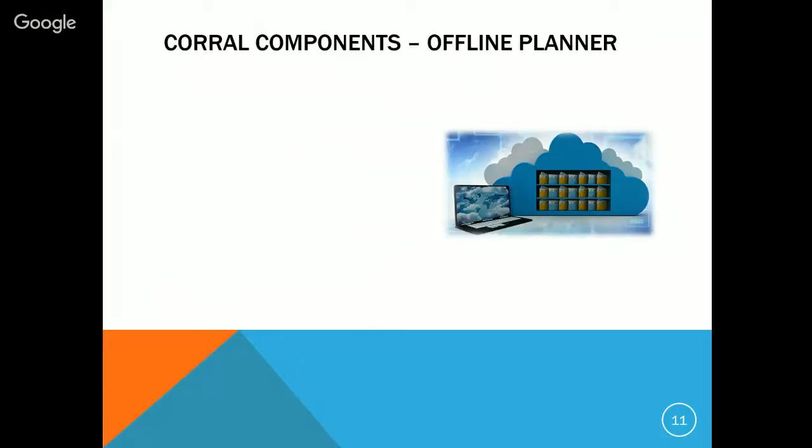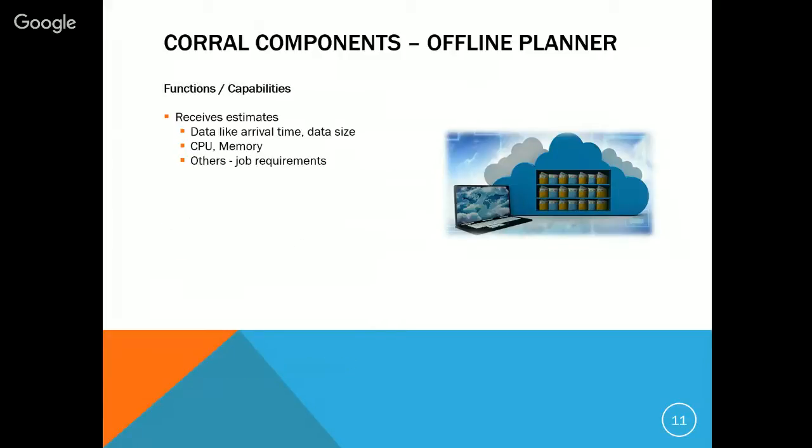So one of the components of Coral is called the offline planner. What are the functions and capabilities as well as the main goal of this component? We receive estimates of characteristics of jobs, as discussed briefly in the slide before, which are data like arrival time, data size, CPU and memory usage, and other job requirements, depending on the specific job.